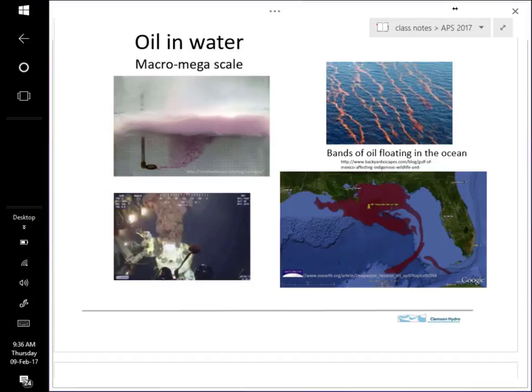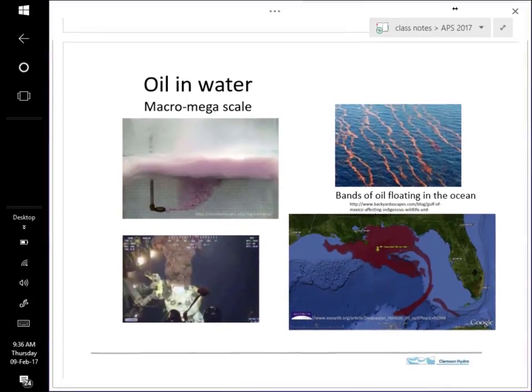So we can also look at this problem of oil and water, two immiscible fluids, at a somewhat larger scale. A couple years ago, when I was teaching this class, there was the Deepwater Horizon disaster that happened, and that was in the news. So these pictures were current. But basically, we have individual oil droplets floating in water, but then we can have a much larger body of oil.